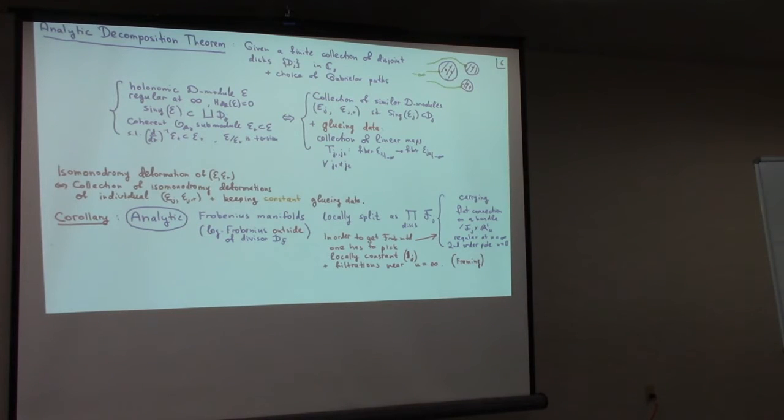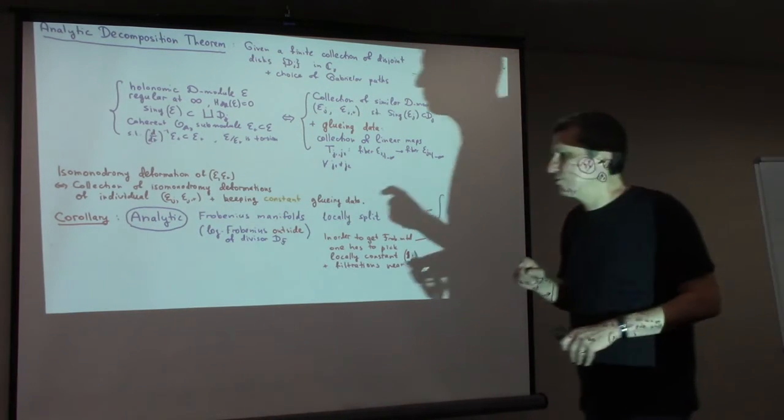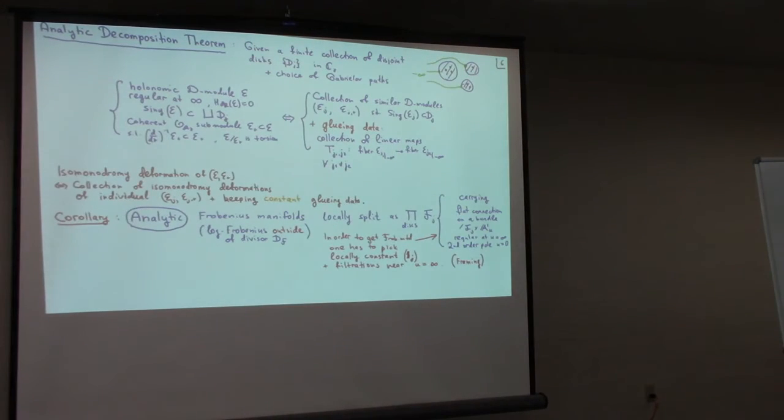If I fix this path, this gluing data is just a collection of linear maps from the point where the paths touch the disk of one guy to the fiber of another, for any ordered pair of different disks. Yeah, those are arbitrary maps. Maybe I explain a little bit the story around these maps.